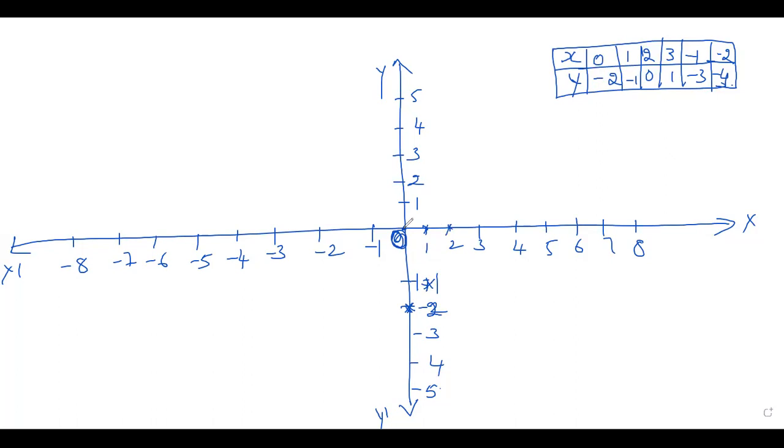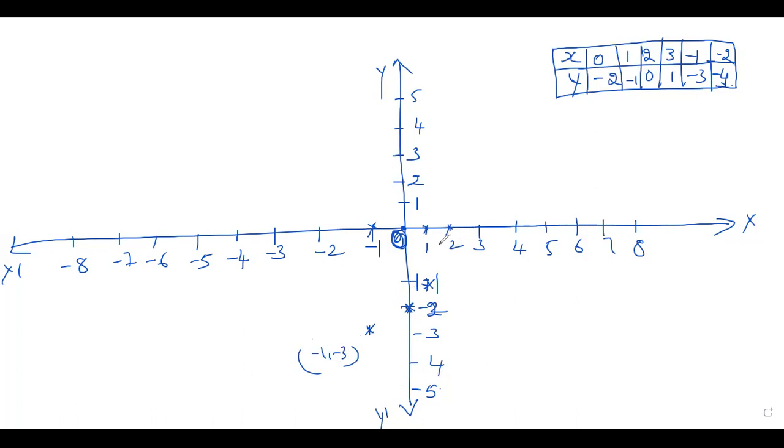And again come to the origin. This is 0. Minus 1, minus 3. x is minus 1 means go towards x dash. Here you have minus 1, minus 3. Come below the origin. That is minus 3 is here. Okay, I will write minus 1, minus 3.